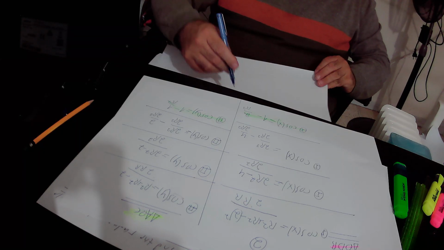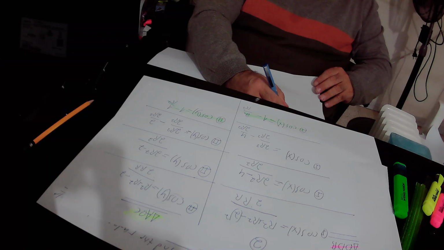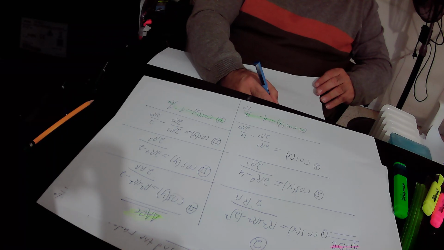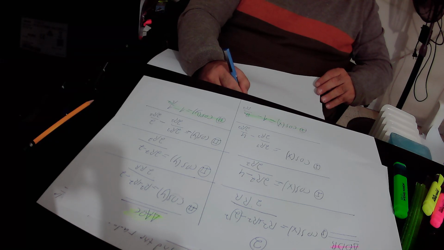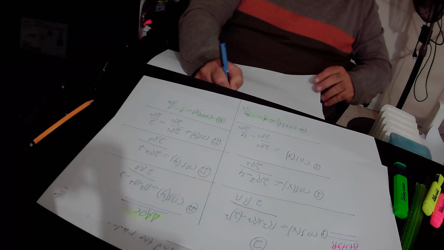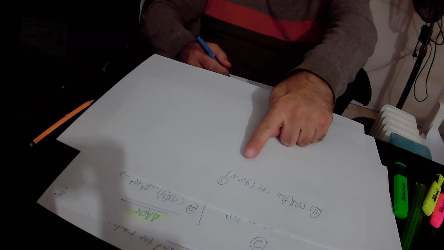Therefore, we will get that cosine y equals cosine of 90 degrees minus x, because y equals 90 degrees minus x.